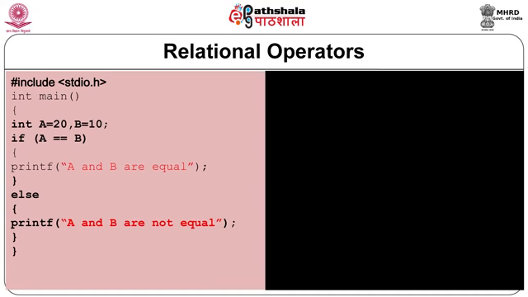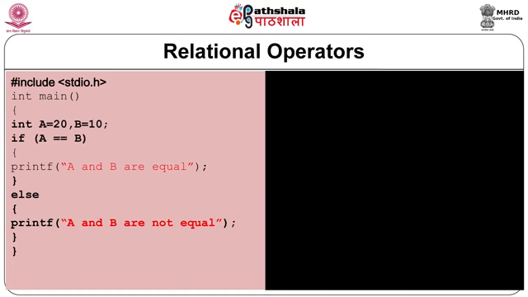You know, when this statement is true, then body of if statement gets executed. If that statement is not true, then else body will be executed. So in this you can see A is not equal to B. It means that statement is not true, that expression is not true.